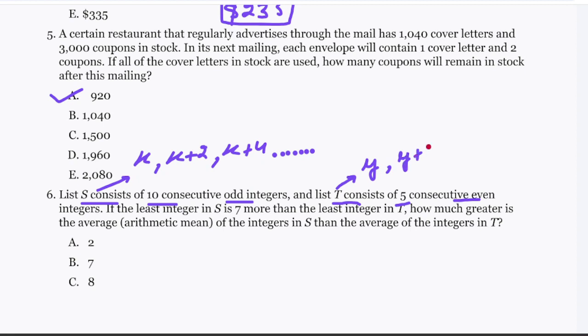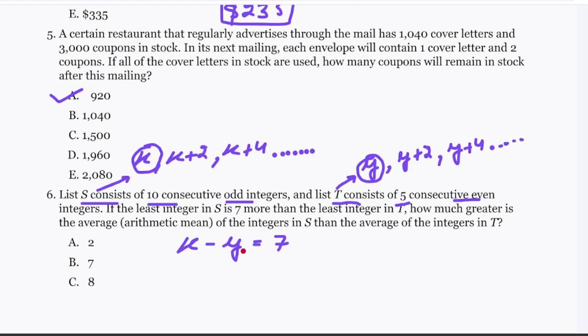Next will be y plus 2, next y plus 4, and so on. Now they say the least integer in S, that is x, is 7 more than the least integer in T, that is y. That means x minus y is equal to 7.